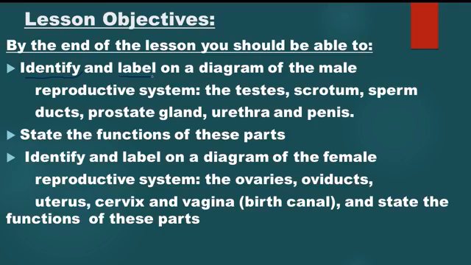So you must be in a position to identify and label on that diagram. If it is a male reproductive organ system, you need to be in a position to identify the testes. We have the scrotum, we have the sperm ducts, we also have the prostate glands, urethra, and the penis. So you should be in a position to identify them on the diagram and also state their functions.